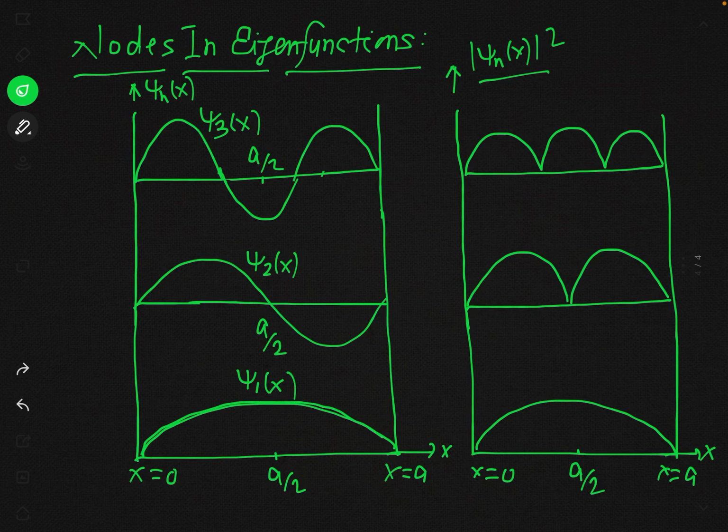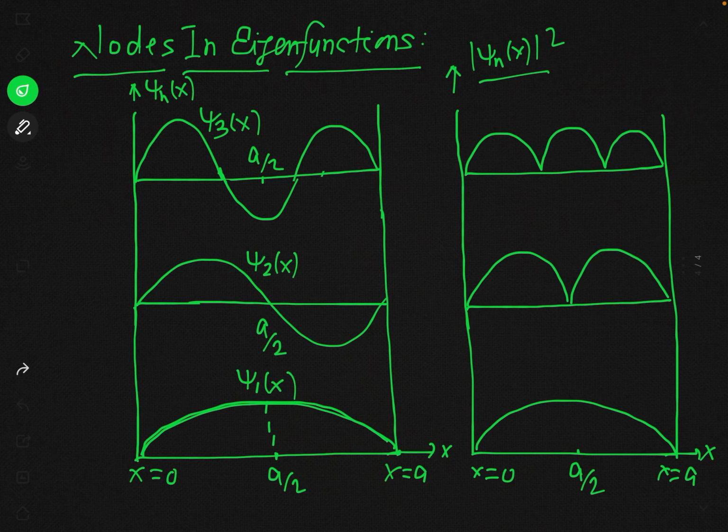You can see from this figure that in case of ground state, the eigenfunction vanishes at the end points of the well, that is at x equal to 0, psi1 of x is 0, and at x equal to a, it is again 0. But at the middle, at x equal to a by 2, this eigenfunction is maximum. So what does it represent?